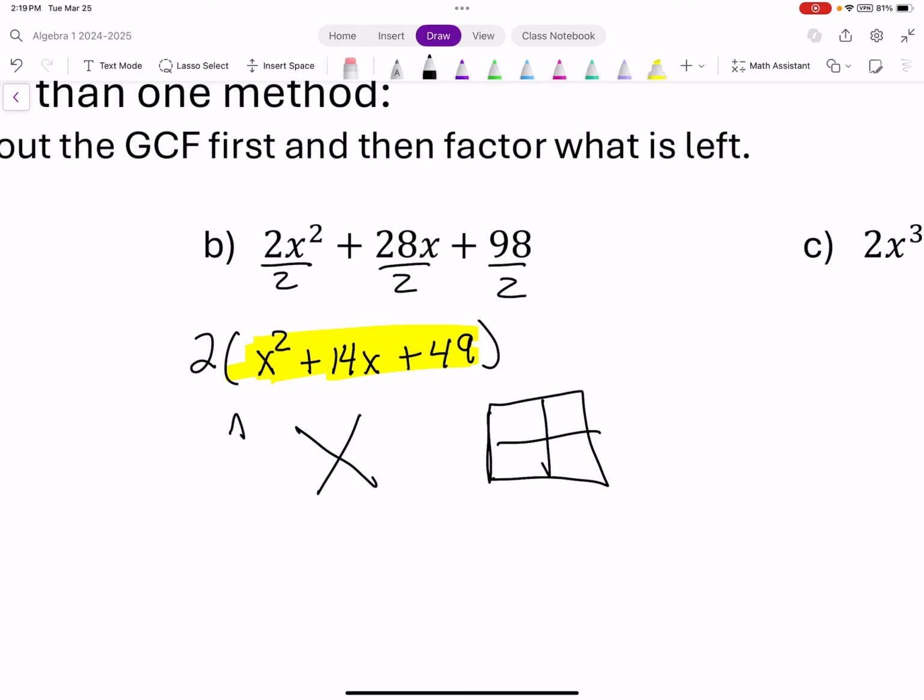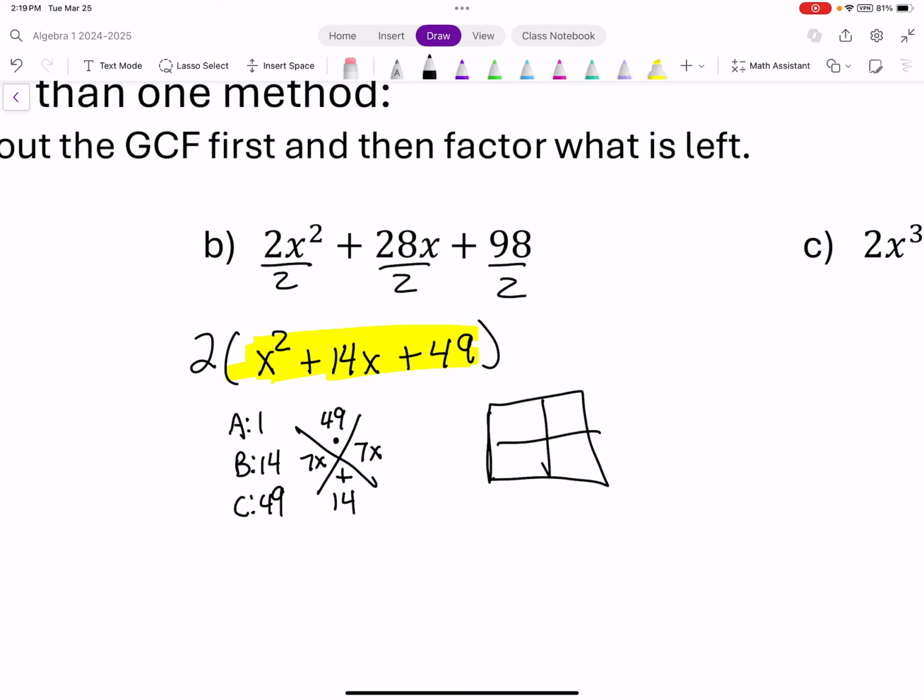So my A is 1, my B is 14, and my C is 49. I want two numbers that multiply to 49 and add to 14. Well, 49 is 7 times 7. So those are going to be 7x.